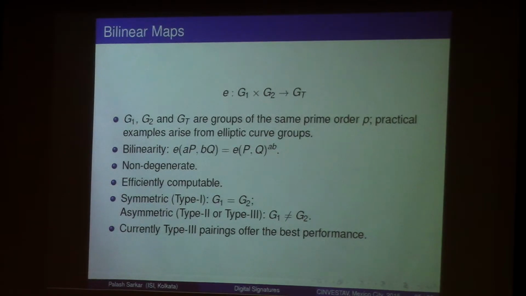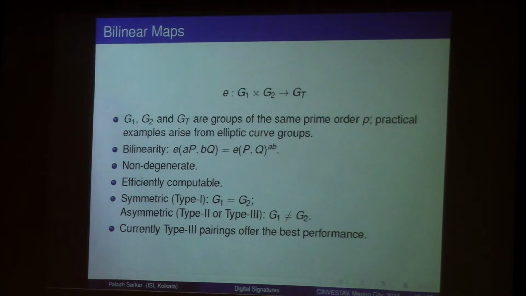Now, starting from the year 2000, Antoine Joux introduced this notion of bilinear maps for designing cryptographic protocols. Previous to this, bilinear maps were used for solving the discrete log problem on certain kinds of supersingular elliptic curves.